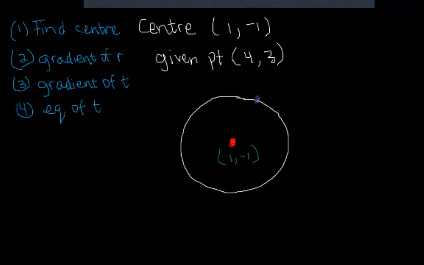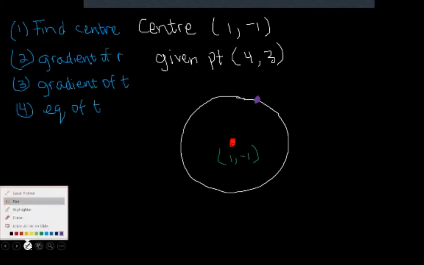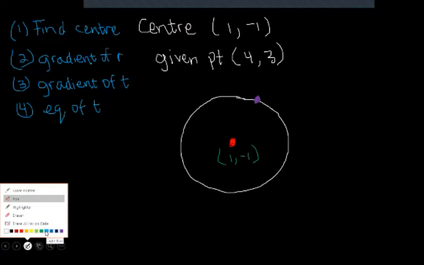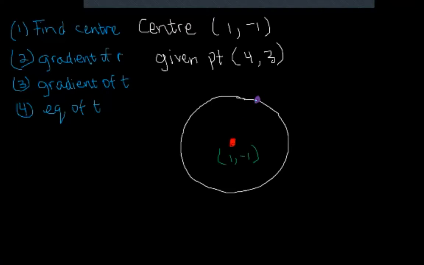They told me that the circle passes through this point. So this is what it would look like. Let me use blue. That's what that would look like. Ooh, that's supposed to be a straight line, yeah? And we know that this is the radius because it connects the center with a point on the circle. So we know that's the radius for sure.